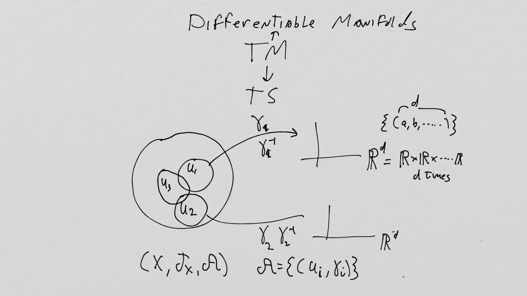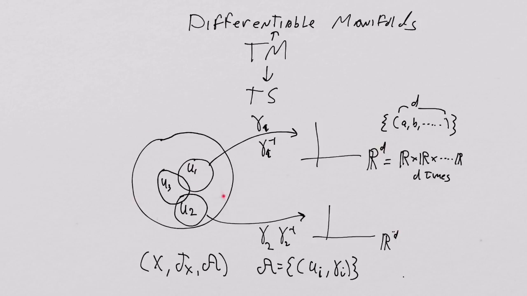I erect these little things here like this because I'm trying to evoke a sense of Euclidean space with two dimensions, but of course RD is in D dimensions. All of these homeomorphic maps between the chart region and RD all go to the same dimensional region.